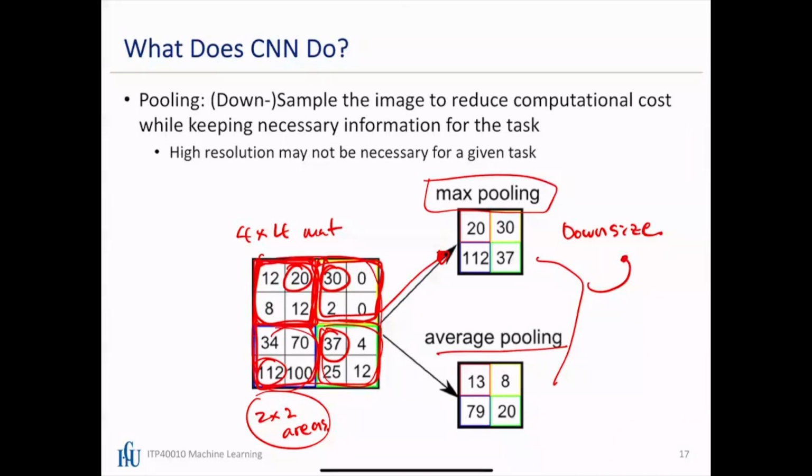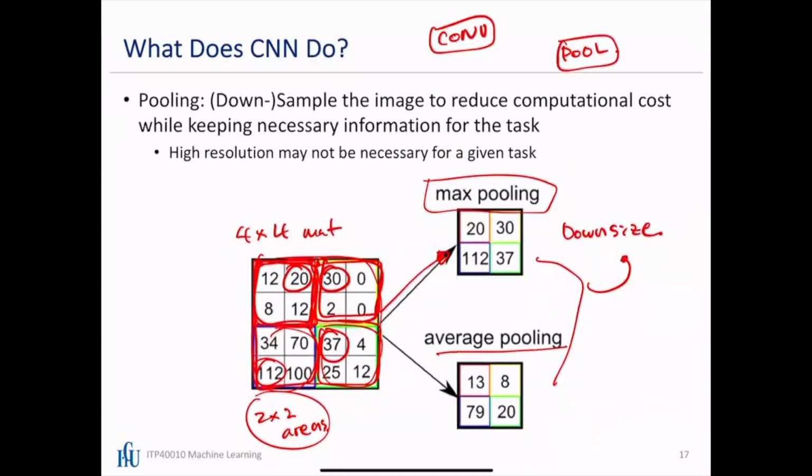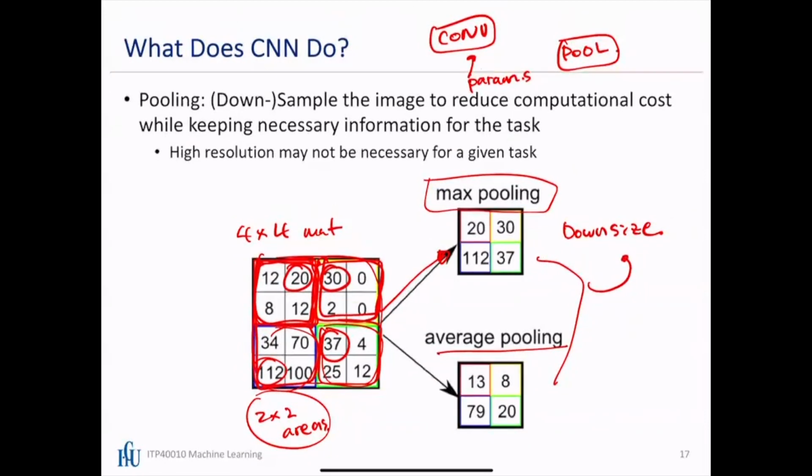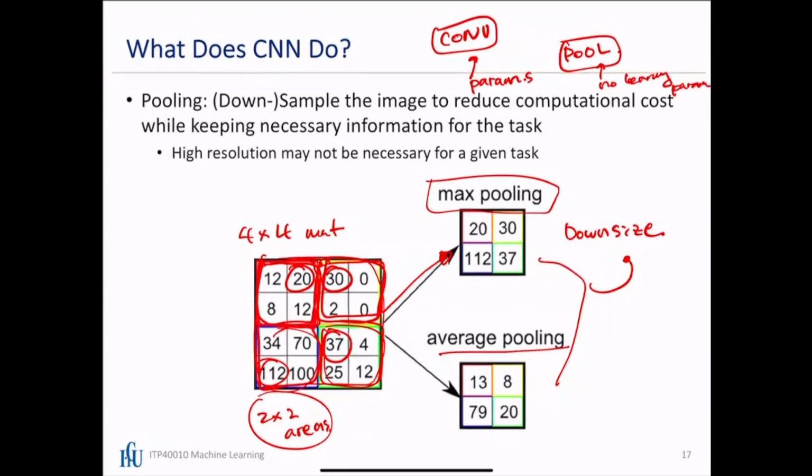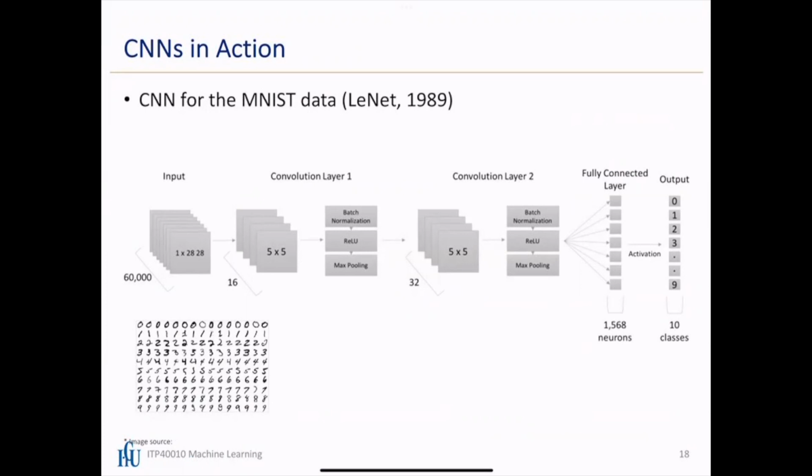In terms of learning, we studied two operators, the convolution operator and the pooling operator. In terms of learning, there is a parameter to learn on the convolution side. On the pooling side, by the way, there is no learning parameter. So CNN is basically a repetition of the convolution operator and the pooling operator.